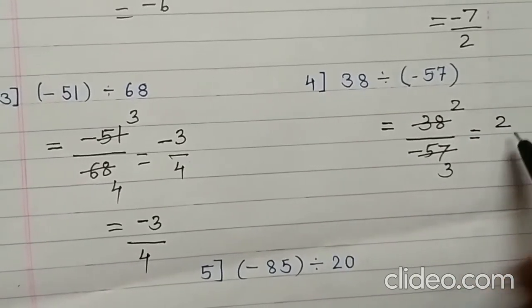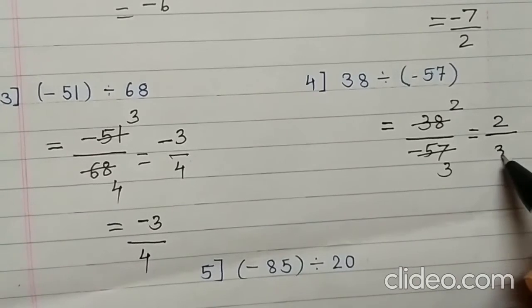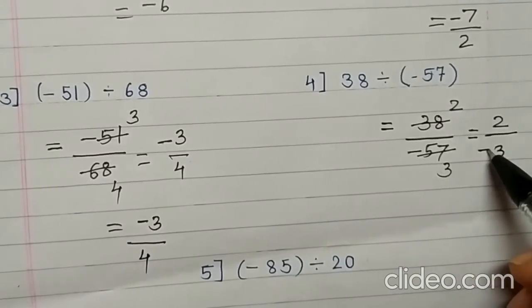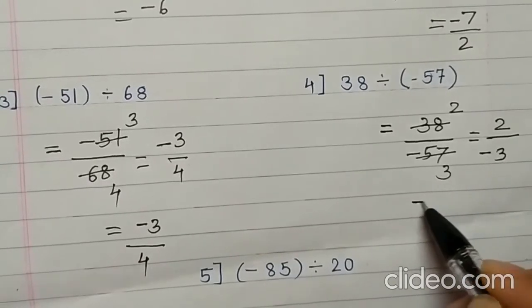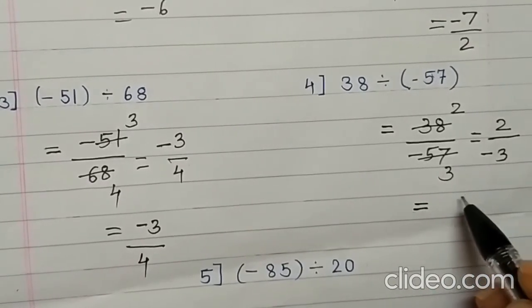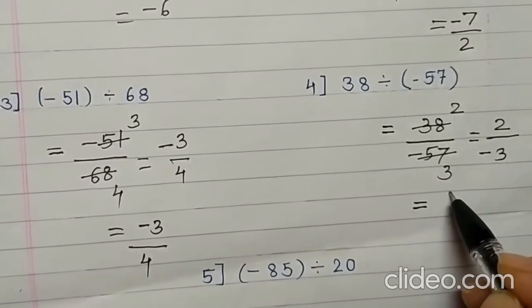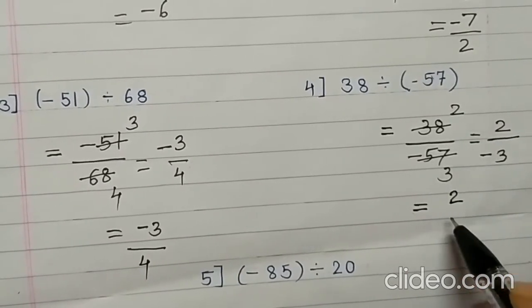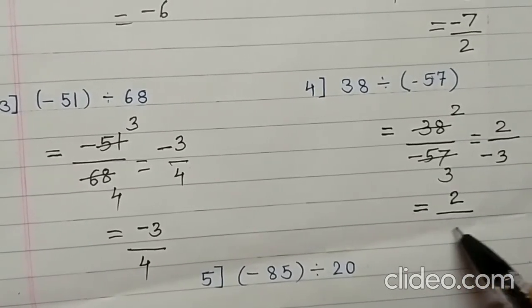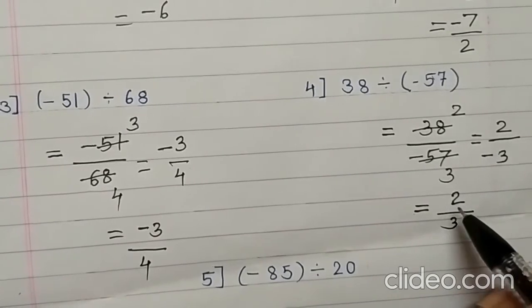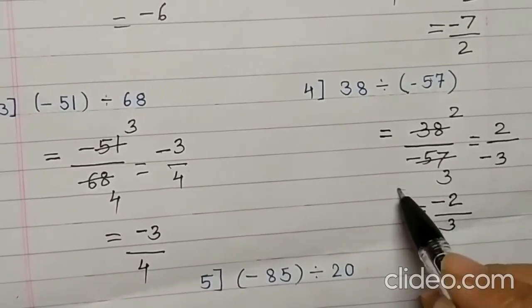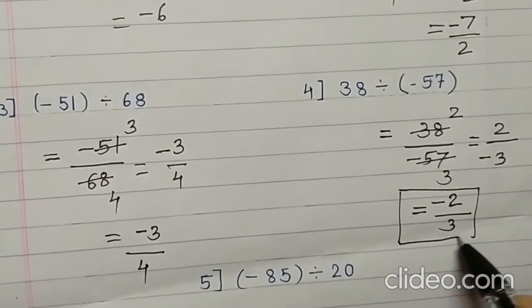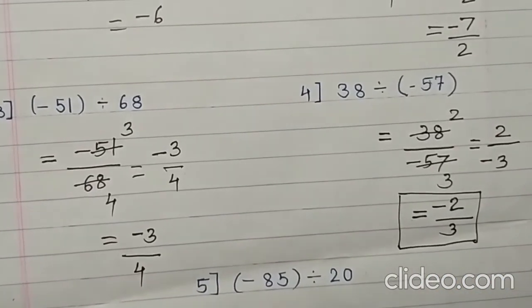So the answer will be 2 upon 3, and the negative sign will continue to the denominator, but while writing the final answer, as the denominator is never in a negative position, the negative sign will go to the numerator. So the final answer is minus 2 upon 3.